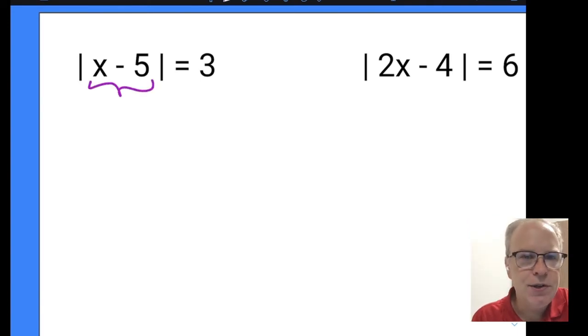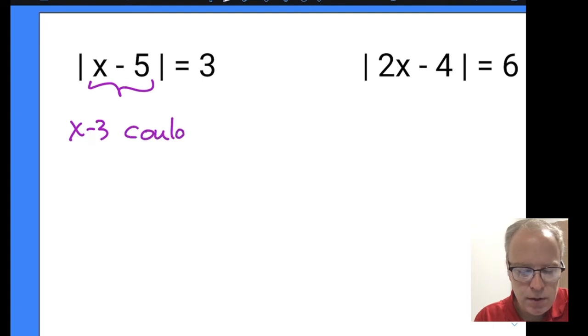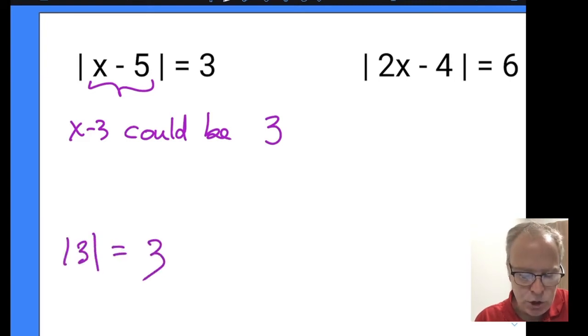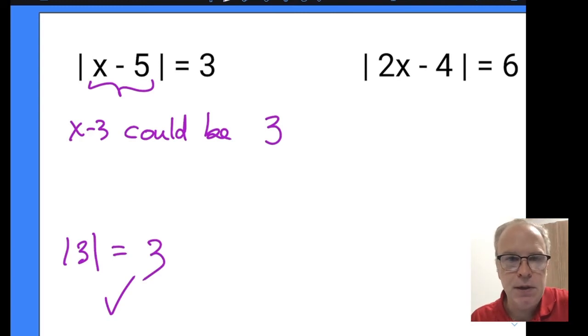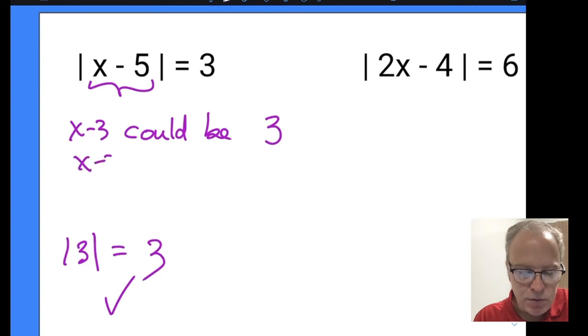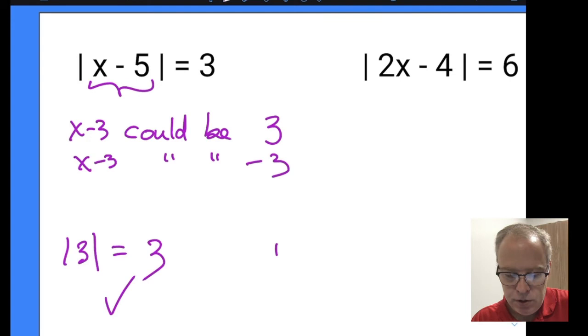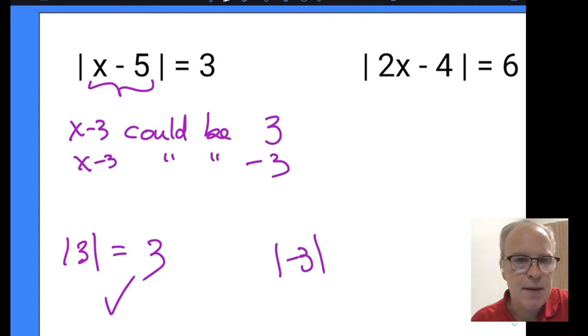This center section, x minus 3, could be 3, and then we'd have the absolute value of 3 equals 3, check mark. If that x minus 3 came out to be 3, we'd be good, thumbs up. x minus 3 could be negative 3. So the absolute value of negative 3 equals 3, check mark.